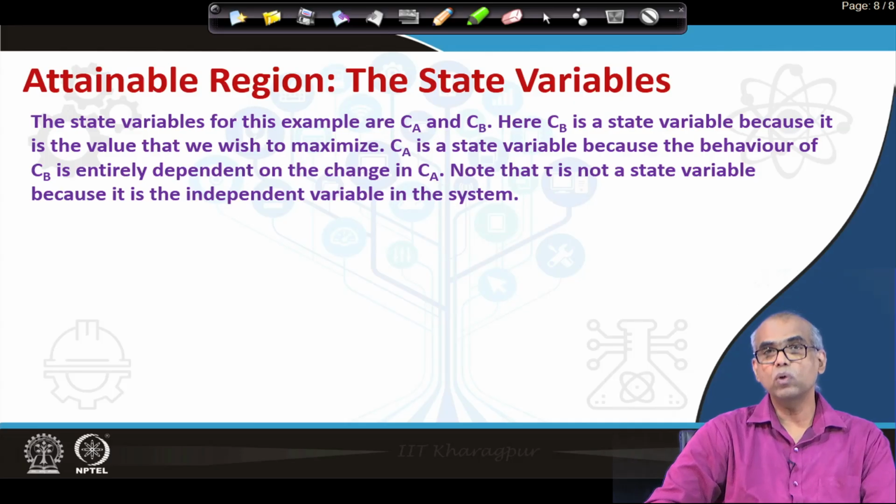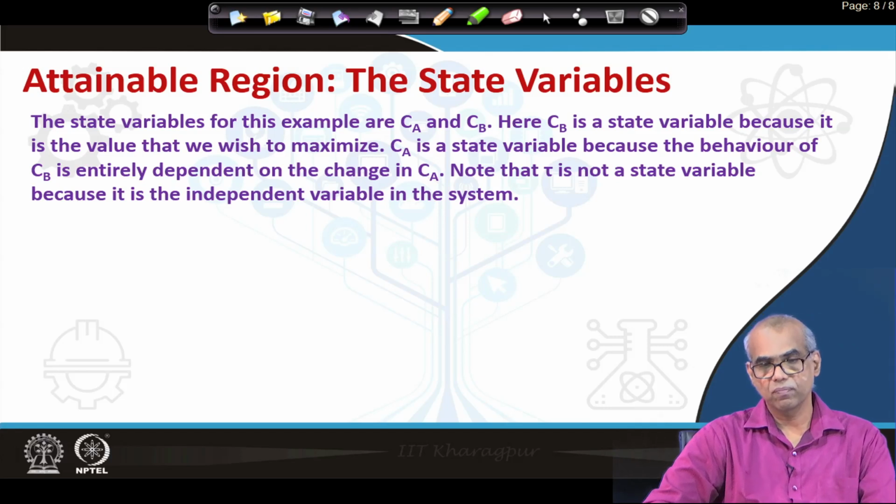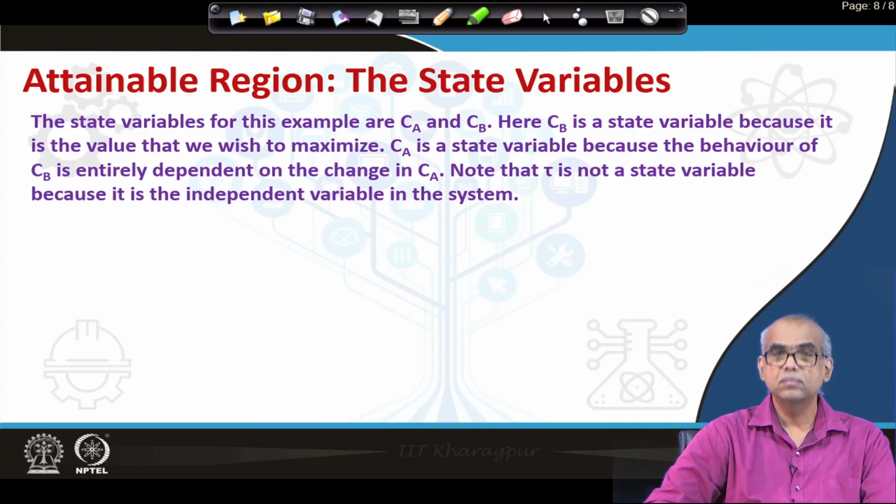So, after talking about PFR and CSTR as fundamental processes, let us now choose the state variables for this system. The CB, which represents the concentration of B, is an obvious state variable because this is the value you want to maximize.